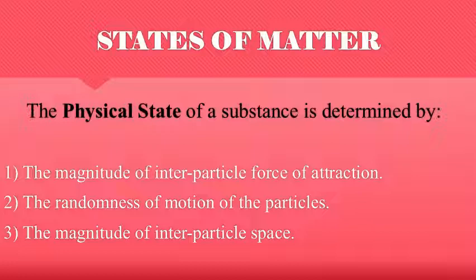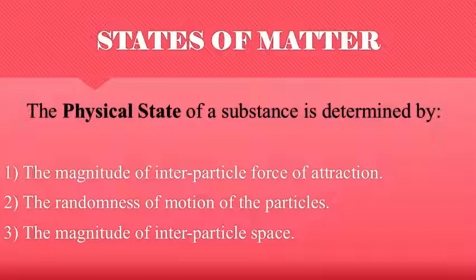The third factor which is responsible is the magnitude of interparticle space. Between any two particles of matter, there is some amount of space. This space is not fixed. In some matter the space is less, in some the space is more.